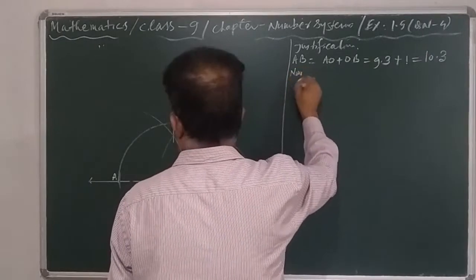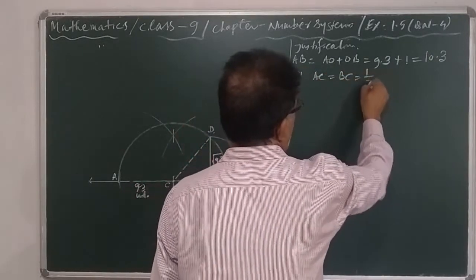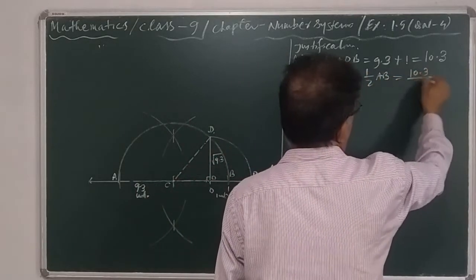Now AC equal to BC equal to 1 by 2 AB equal to 10.3 by 2.